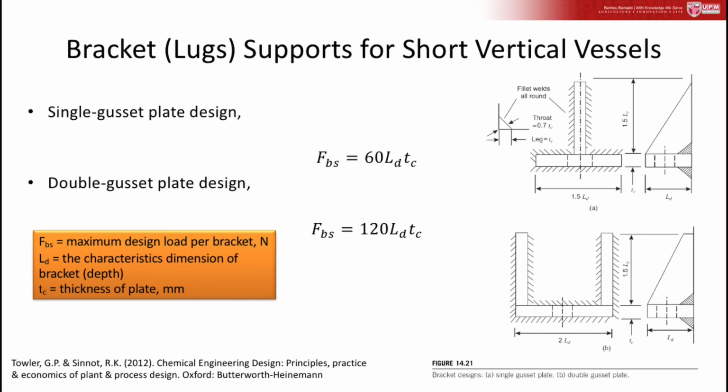There are expressions for calculating the maximum design load per bracket, one for the single gusset plate design and another for the double gusset plate design. You need the characteristic dimension of the bracket and the thickness of the plate in order to get the value for maximum design load per bracket.